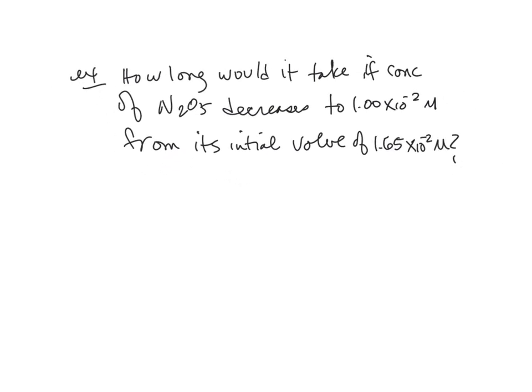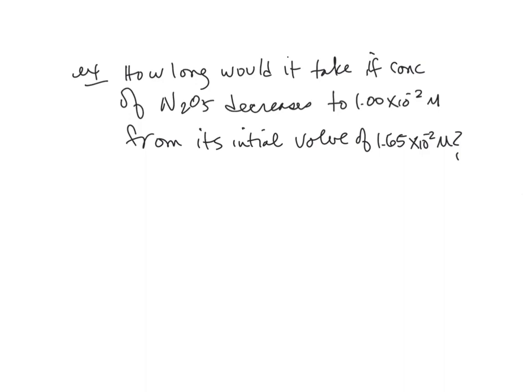All right, so your job is to figure out what equation you need for this. And you're given an initial concentration here, a final concentration here, and you know the value of k because we just figured it out.